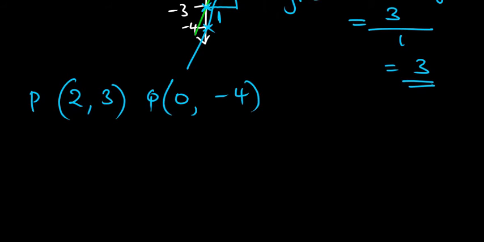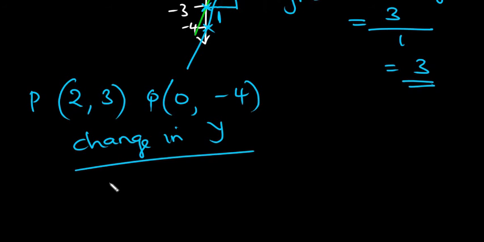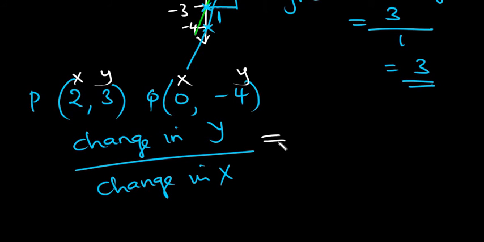Using these 2 points, it's possible to get the gradient. As we said, to get the gradient of a straight line, we need the change in y divided by the change in x. This is the x coordinate and the y coordinate. We can start with point P. We are moving from y is 3 to y is -4.